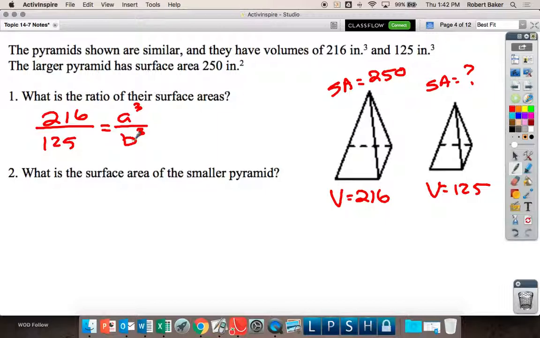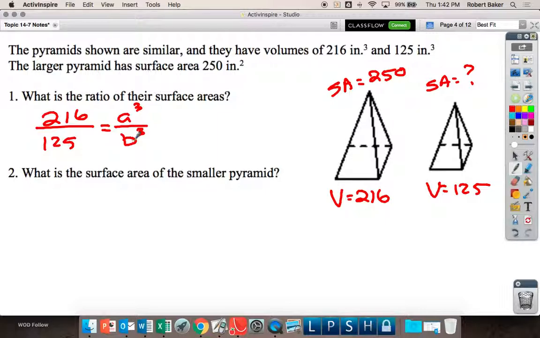What is a ratio of surface areas? Is it A cubed over B cubed, A squared over B squared, or just A over B? A over B is lengths. That's the first box on your paper. So what is a ratio of areas? A squared over B squared.